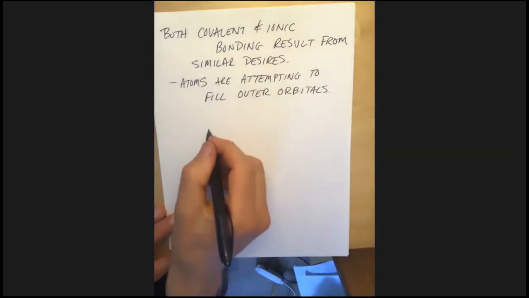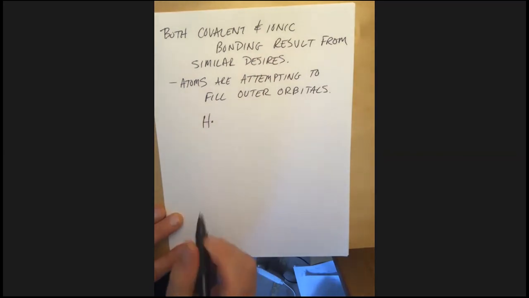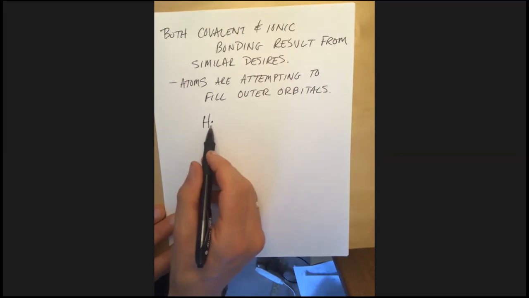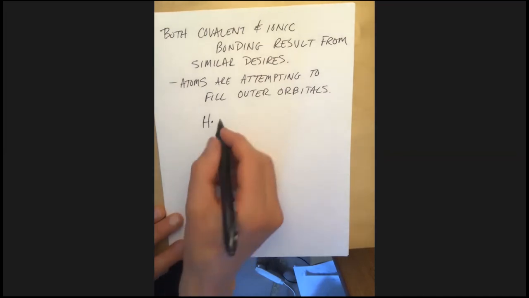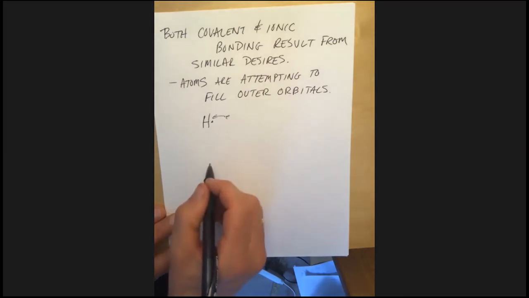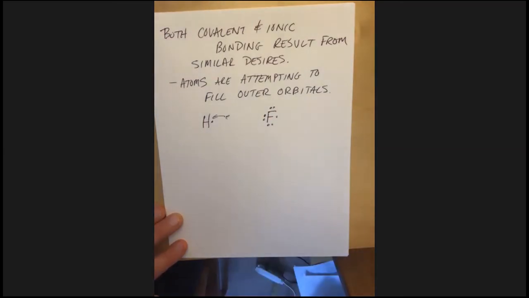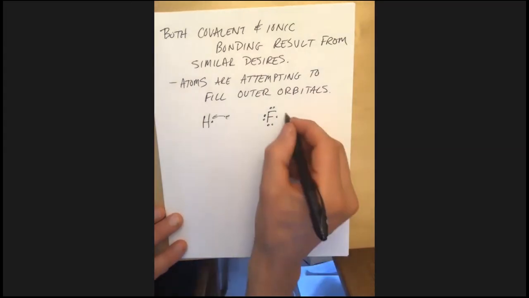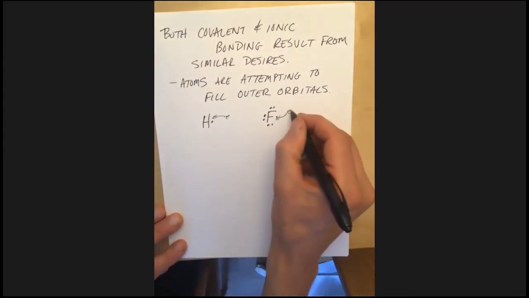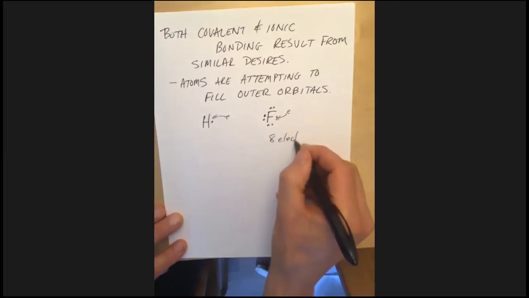In the case of hydrogen, it has 1 electron sitting in a 1s orbital, in that lowest energy level, and it is trying to end up with a 2nd electron in there. In the case of fluorine, it's got 7 electrons, and it's trying to end up with 1 more electron, so that it has 8 electrons.